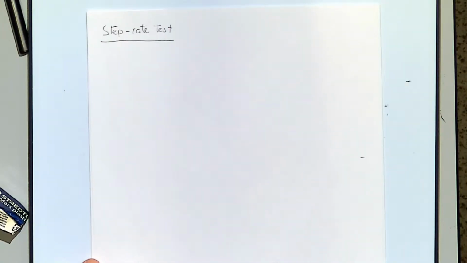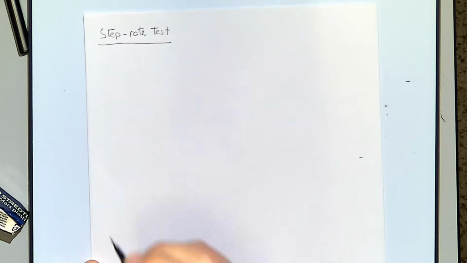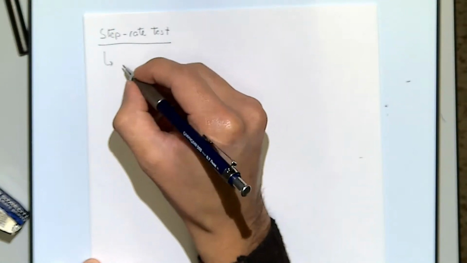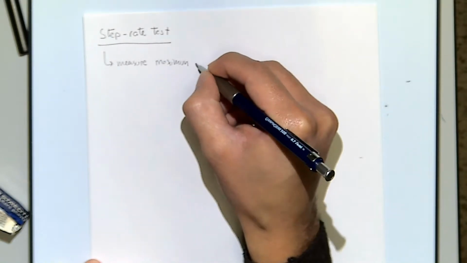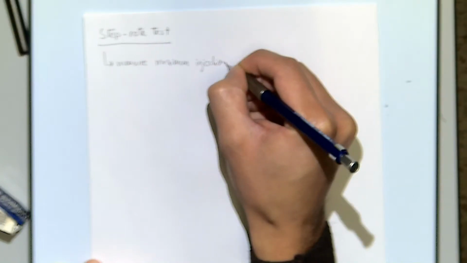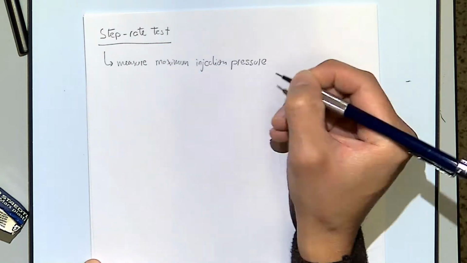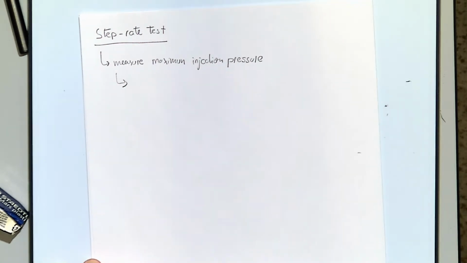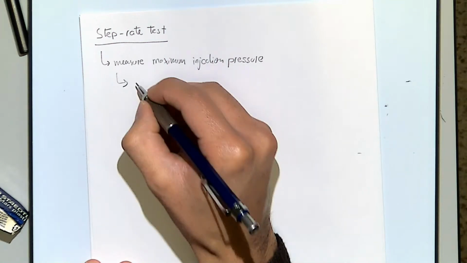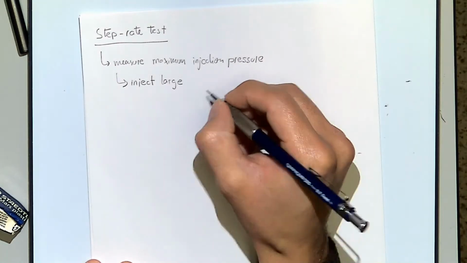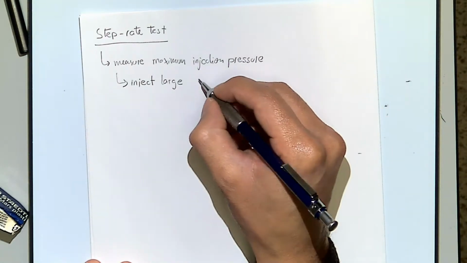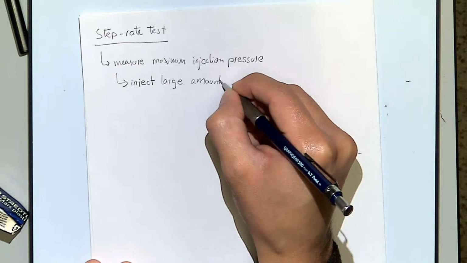The step rate test is a test which allows you to measure the maximum injection pressure in cases where you are meant to be injecting fluids constantly, or more or less constantly, right? And also because you're going to inject more or less constantly, you're usually injecting large amounts of fluid.